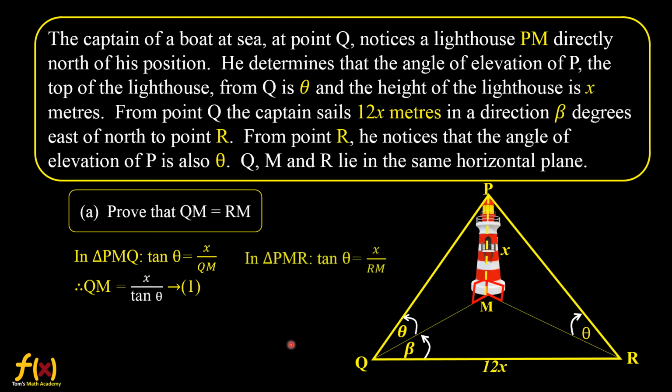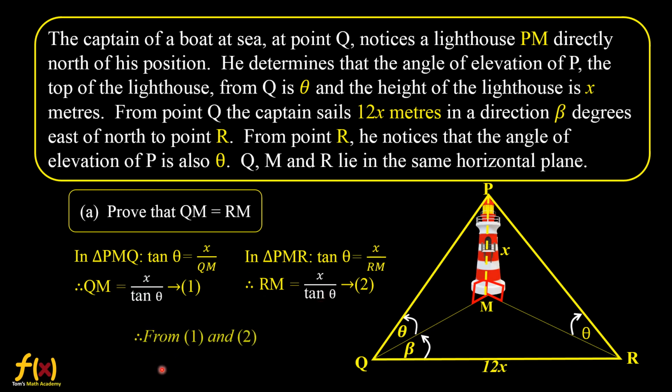In the triangle PMR, again tan theta is x over RM. Therefore RM is equal to x over tan theta. Look at the answers. Both are equal to x over tan theta. Therefore from 1 and 2, QM equals RM.